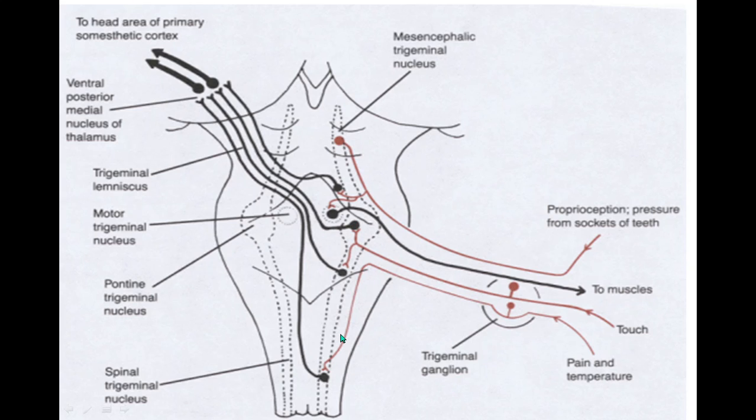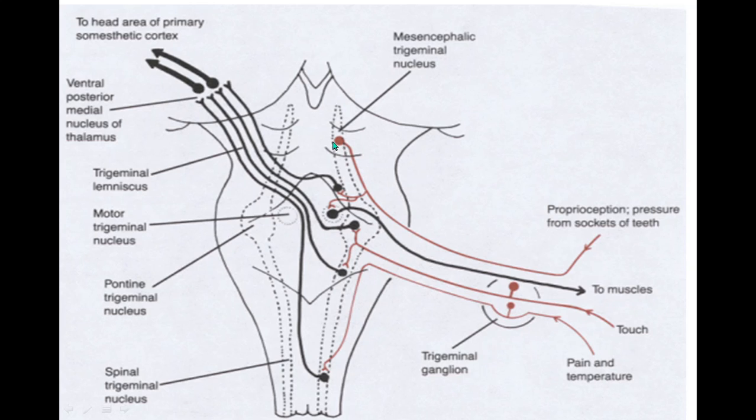Now how about the proprioceptive impulses? The neurons which carry these proprioceptive impulses are located in the mesencephalic nucleus of the trigeminal nerve itself, not in the trigeminal ganglion.